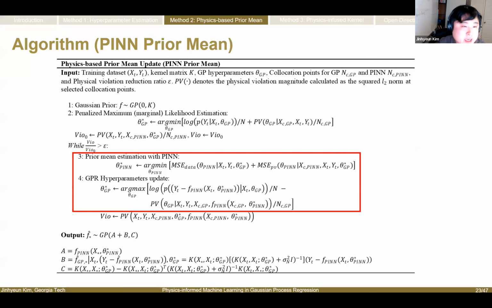This is the summary of the algorithm. So we do the prior estimation with PINN, and given the PINN prediction parameters, we update the GPR hyperparameters. We run this algorithm iteratively.